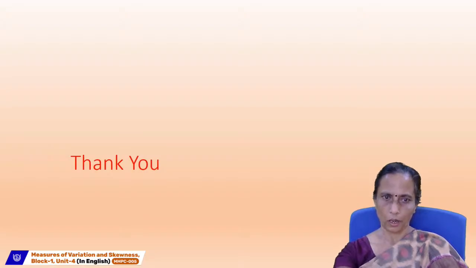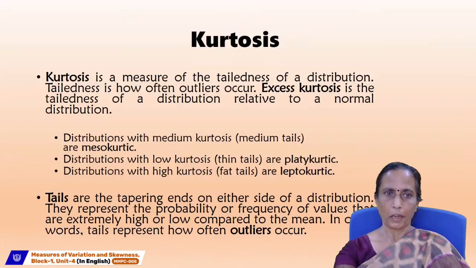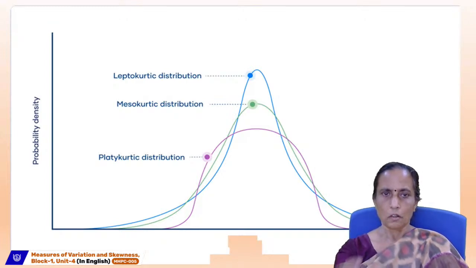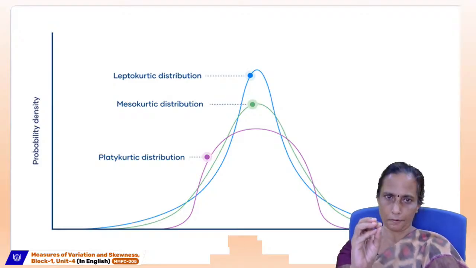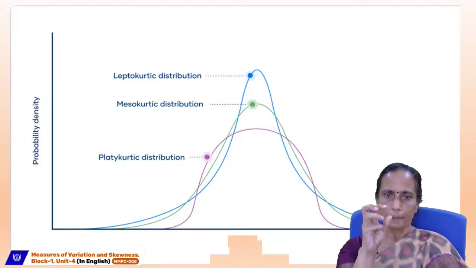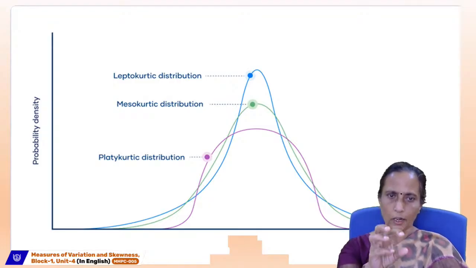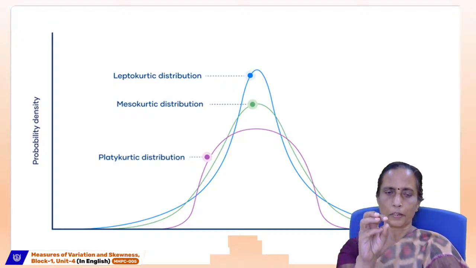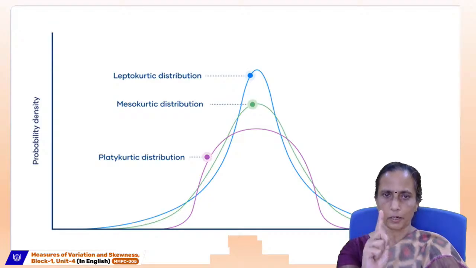To summarize what we have discussed today: we have discussed the measures of variation. Based on central tendency, if we calculate only mean, median and mode, we represent the distribution using a single number.